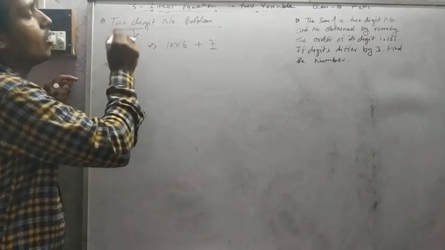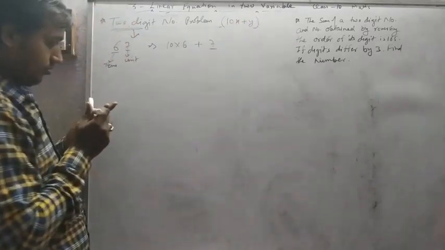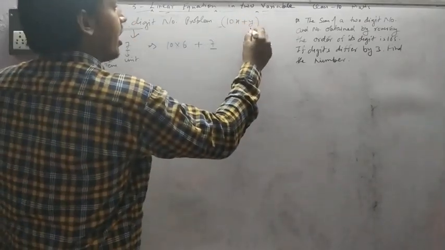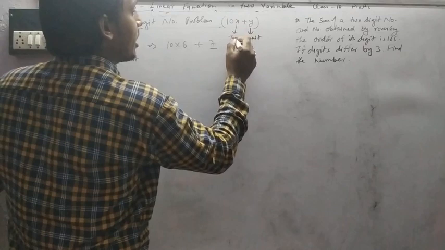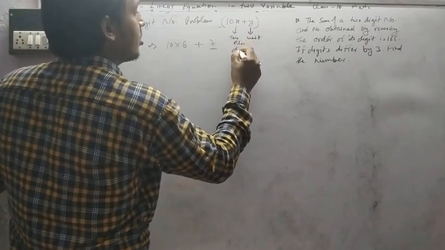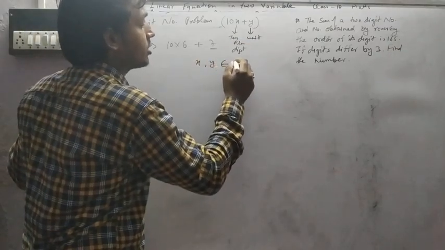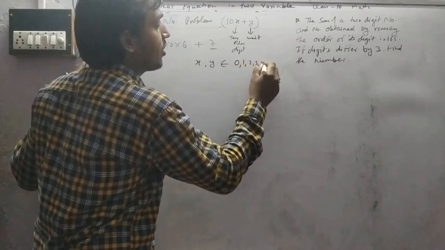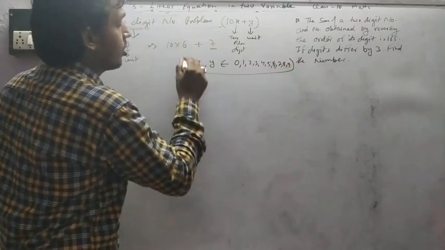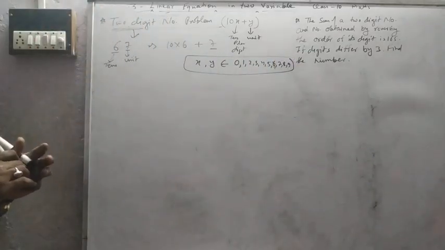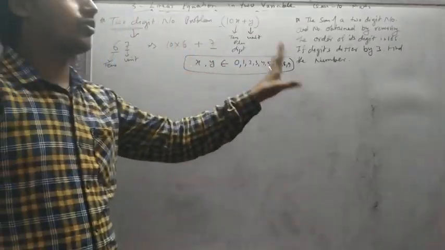So the standard form of a 2-digit number is 10x plus y, where y is the unit and x is the tens place digit. And you know that x and y both belong to 0, 1, 2, 3, 4, 5, 6, 7, 8, 9. Only a digit, not any number. Means x and y are always from 0 to 9.